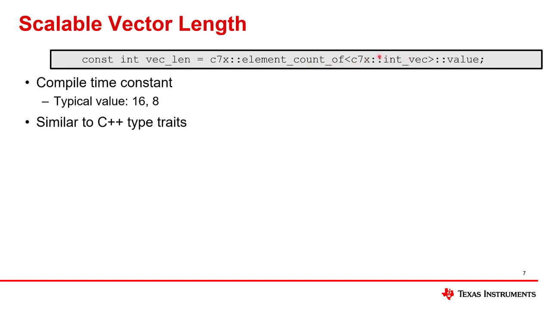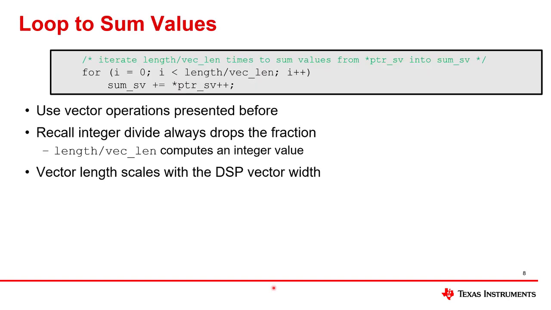This is its input, and then in a type traits way we access the value field, assign it to this constant. What are the typical values you see here? 16 and 8. Usually 16 or 8 integers in the ideal length vector for the DSP. The setup code is complete.